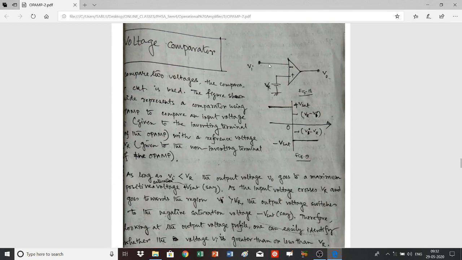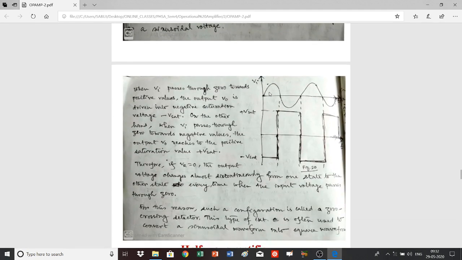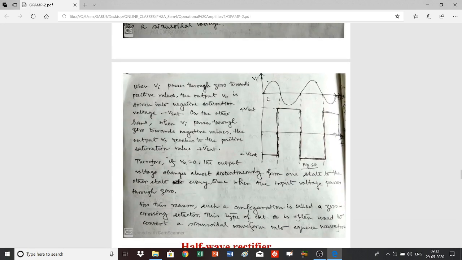That means here the input voltage is Vi and the reference voltage is zero. So here you will understand that when the input voltage crosses zero and proceeds towards the positive values of the cycle, what will happen?